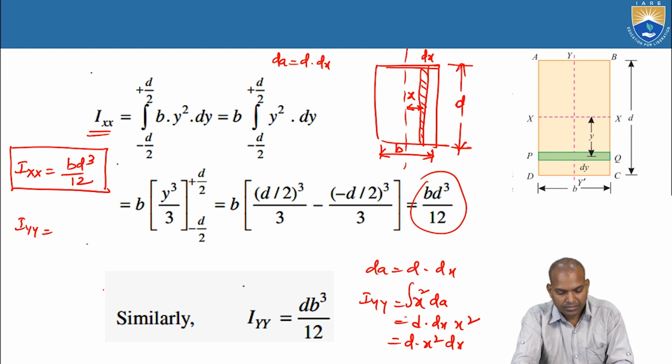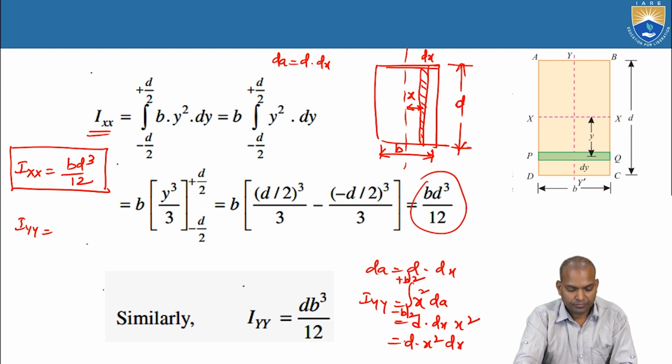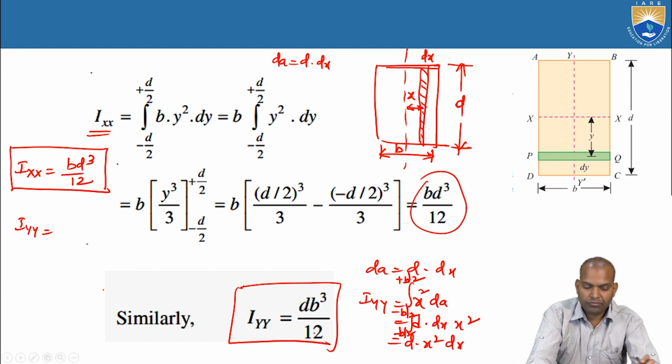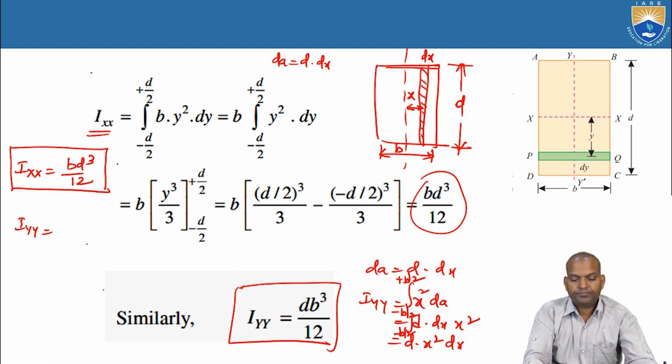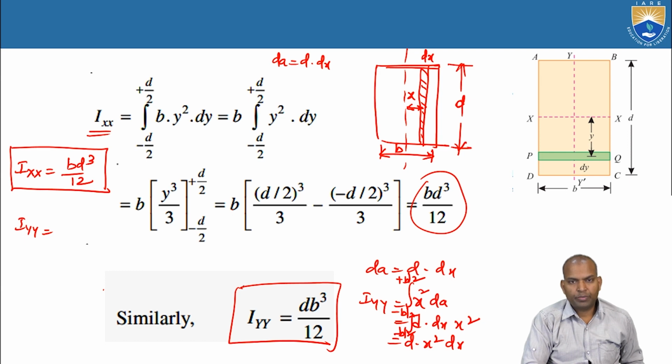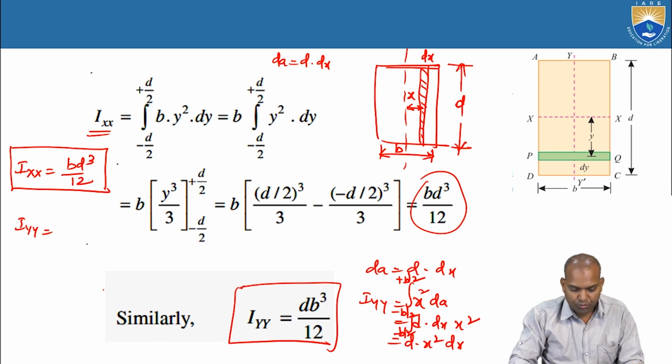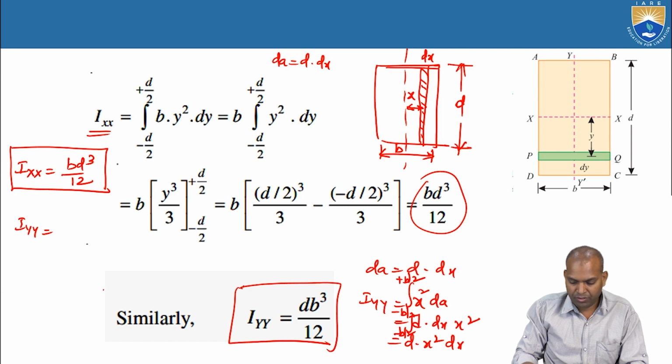Now if we integrate from minus b by 2 to plus b by 2, what happens? x cube by 3, and then db cube by 12 can be obtained. So apply it here, x cube by 3 after integration.